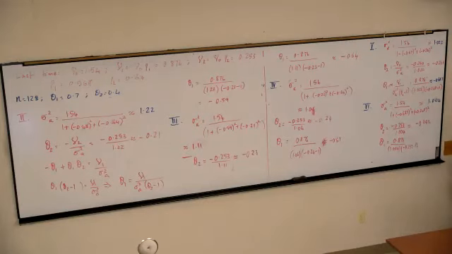It's a good thing I've reduced the size of my x's. What do we get? Negative 0.697.